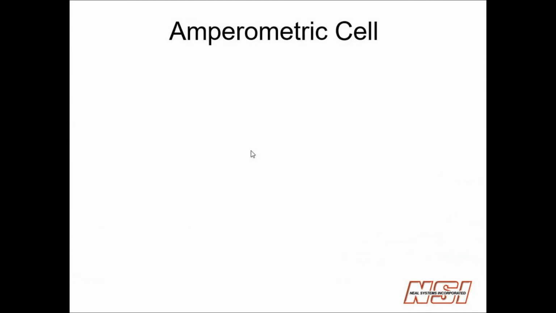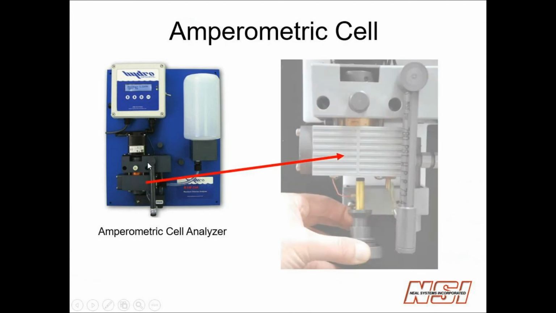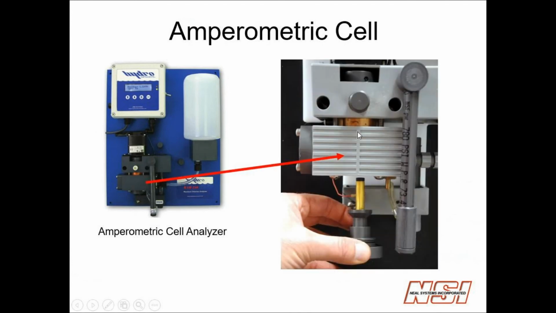The first type of analyzer is called an amperometric cell type analyzer. This is the original. It was developed by Capital Controls back in the 60s, and basically the sample comes into the analyzer right in this area, and it flows down this tube and goes up through a cell. Inside that cell, a close up here shows that there are two different metals, copper and gold. When you add chlorine to water, it forms hydrochloric and hypochlorous acid. When you put that acid between two dissimilar metals, gold and copper, it forms something similar to a battery.